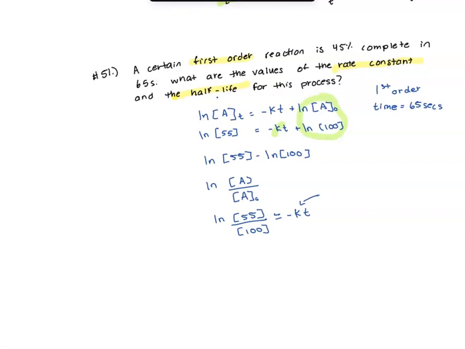And now remember that we want to isolate our constant. So in order to do that, we have to take the time and divide by that. So whatever we get from our answer divided by our time, which is 65 seconds.